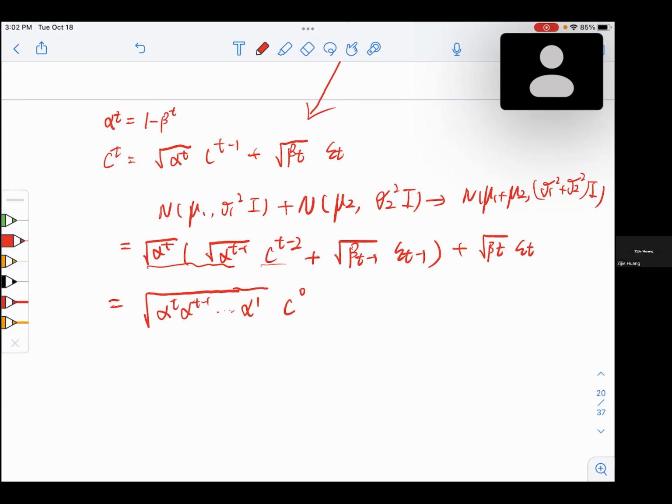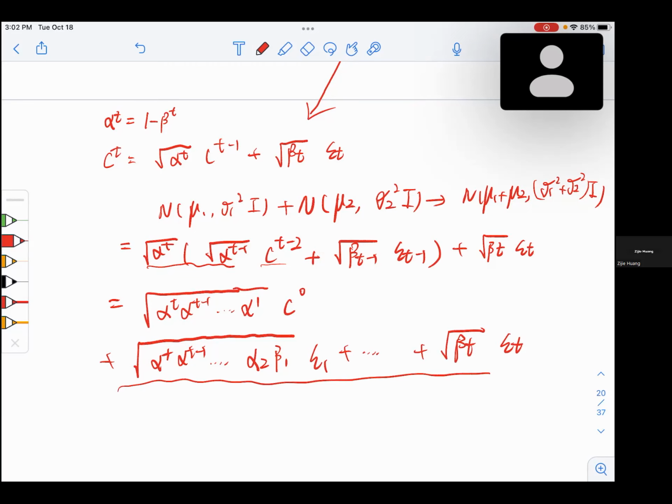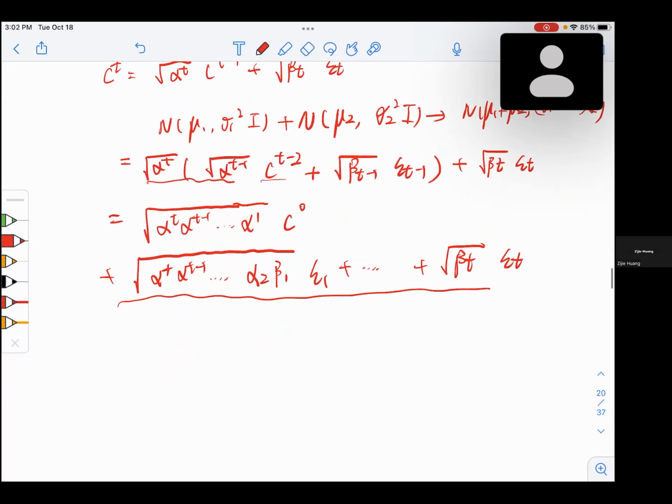And for the noise terms, what we have is alpha t minus 1 until alpha 2 times beta 1 epsilon 1 plus up to beta t epsilon t. Now let's look at this addition of standard normal distributions.